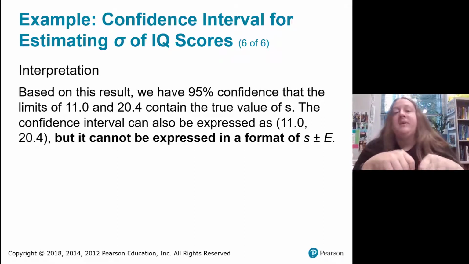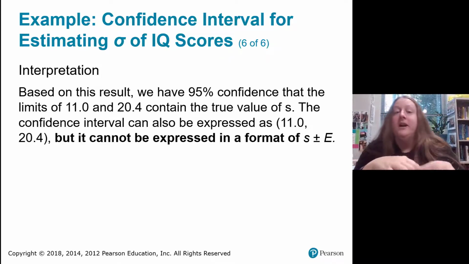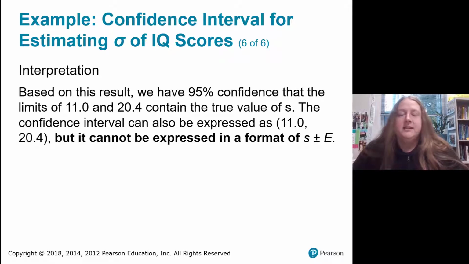But it cannot be expressed as the standard deviation of our sample plus or minus some margin of error. We didn't ever really calculate a margin of error here, right? We were looking instead at these left tail and right tail critical values separately.